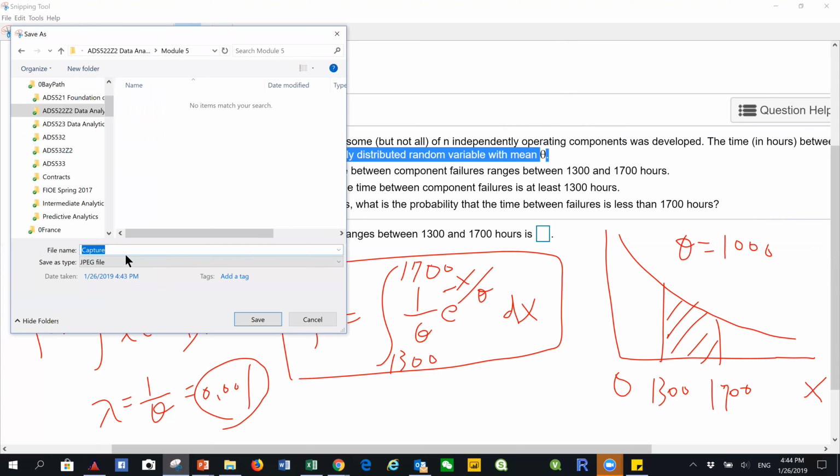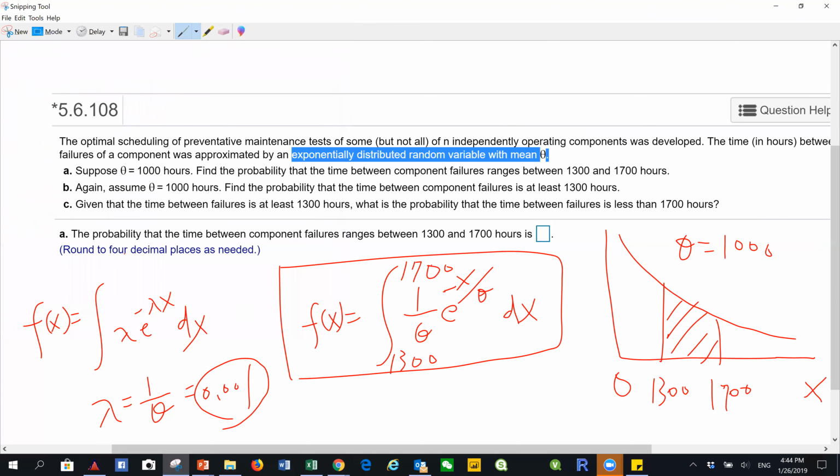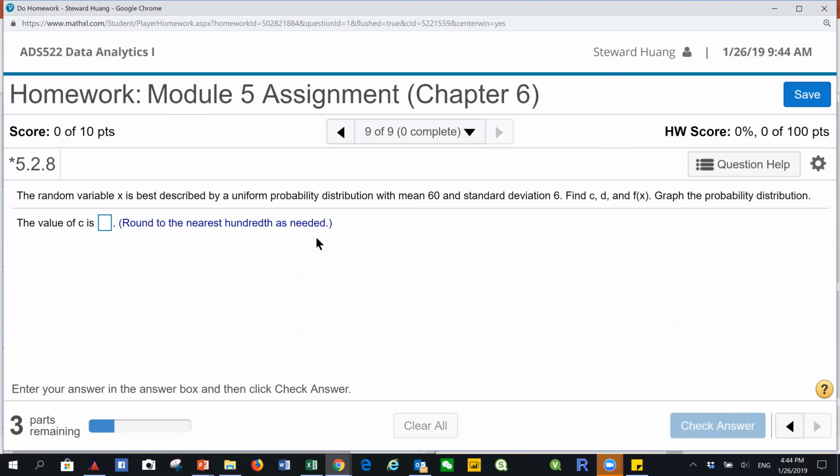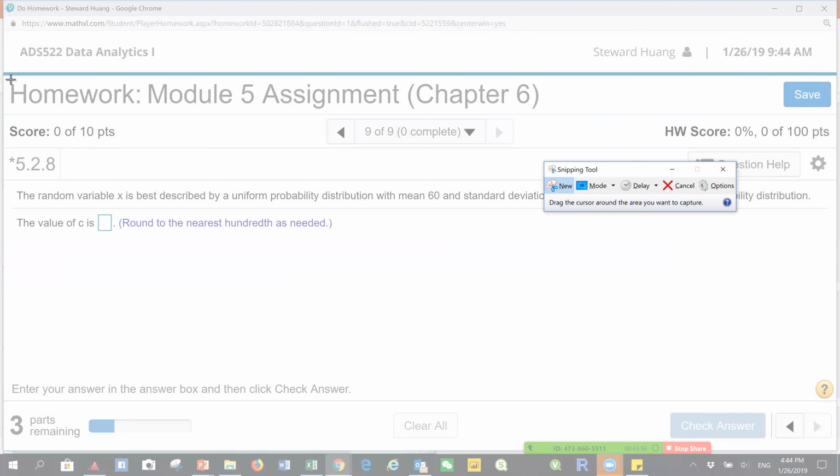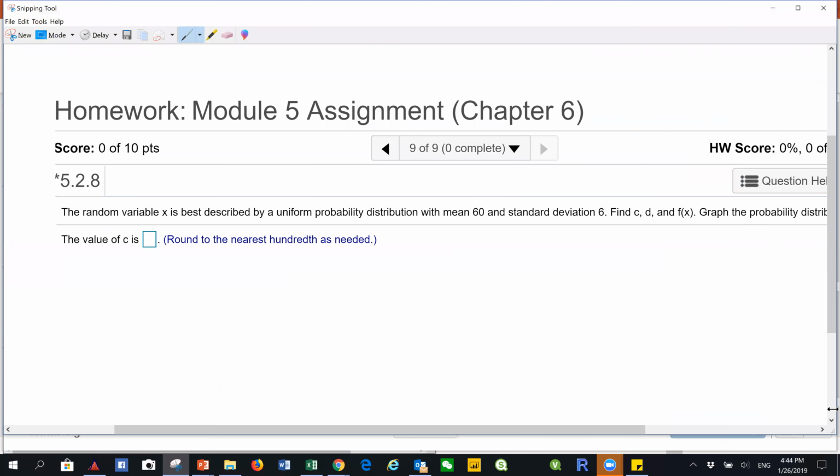Let's change it to C and D. C plus D over 2 is the mean, 60.